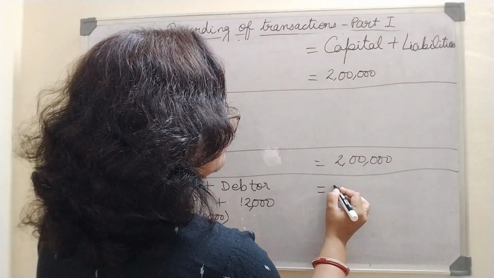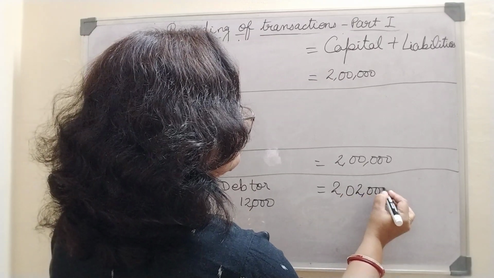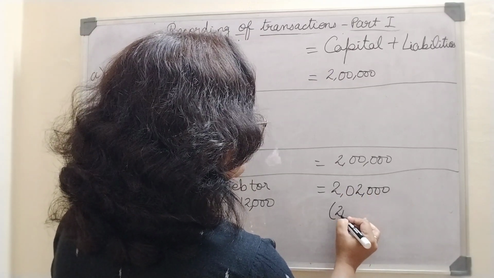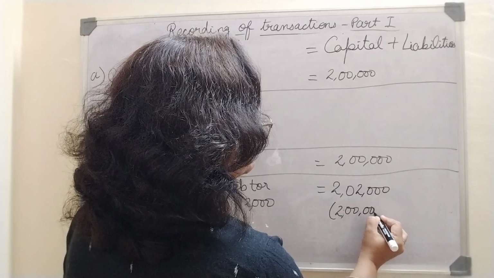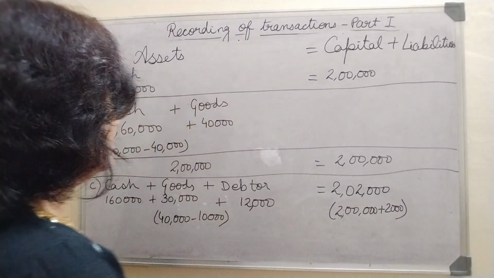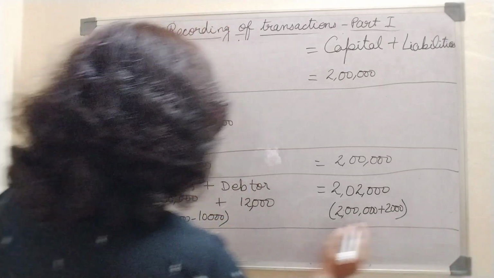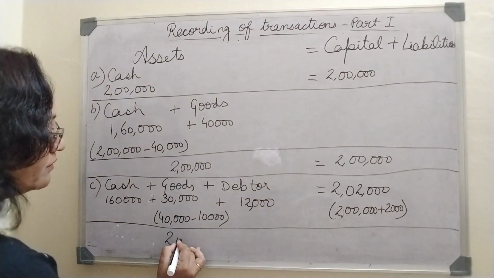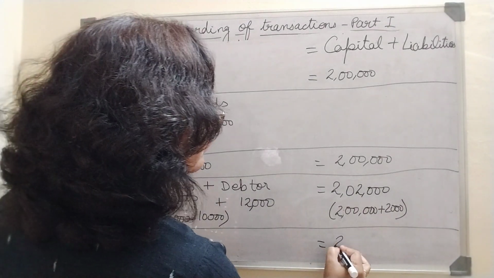That is the profit. So my capital is added with 2,000, right? So now what is our total? Our total comes to 2,02,000.